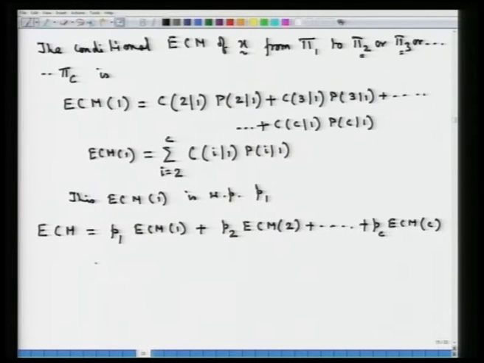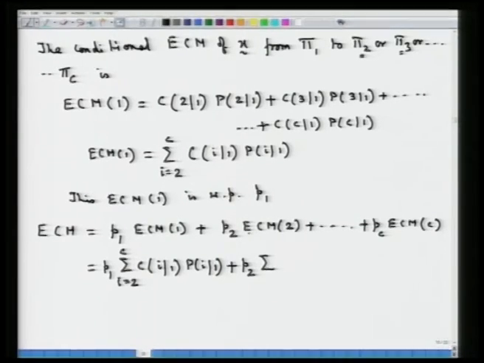So we can write these terms without much difficulty: the first term would be equal to the summation i equal to 2 to c of C(i|1) into P(i|1), this plus p2 would be a term. Now, what would be the type of terms in this conditional ECM of x from pi 2? That is going to be a similar sum, which I will just write as in the first term here, C(i|2) into P(i|2).